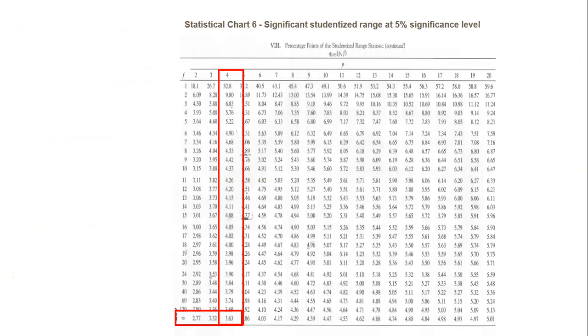Okay, so what to do? Don't forget, this is very important, the studentized range chart. It is very important for us to determine which sample is significantly different, because from here we can calculate the least significant difference value.